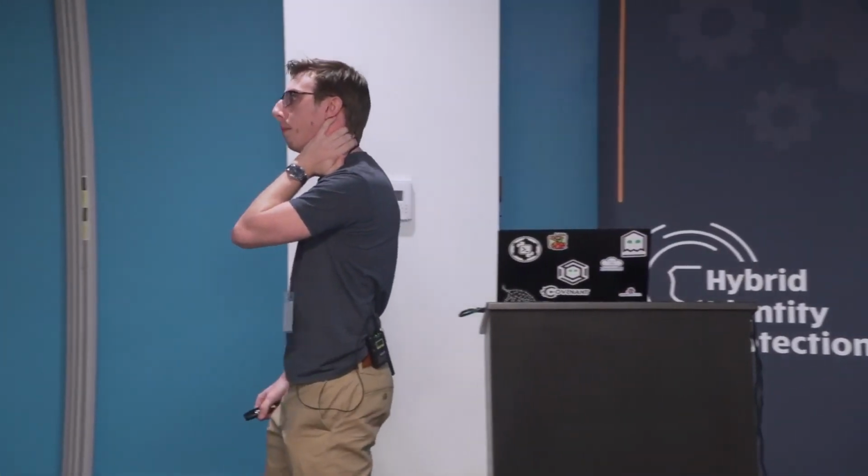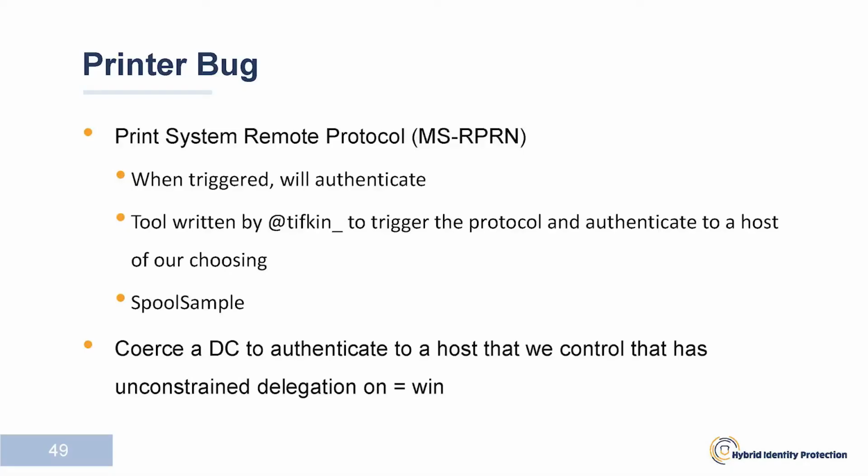And there's a very interesting attack that came out a couple of years ago by a coworker of mine called the printer bug. The printer bug takes advantage of the printer spooling service on modern Windows hosts. When triggered, it will actually authenticate back to whoever triggered it. If you're interested in the full write-up, my coworker's handle on Twitter is Lee Christensen, or Tifkin.